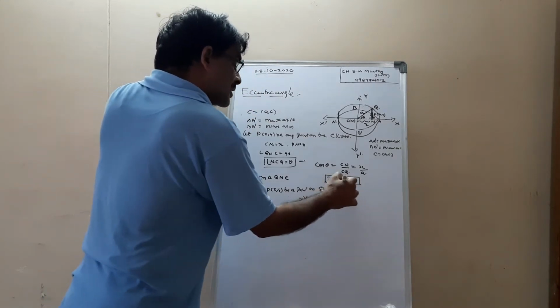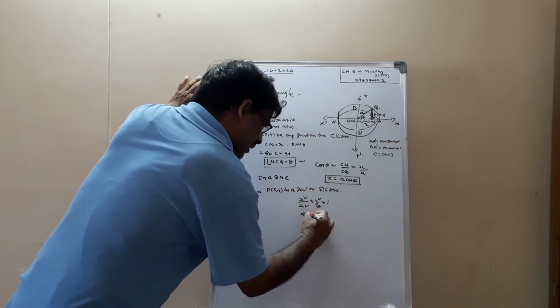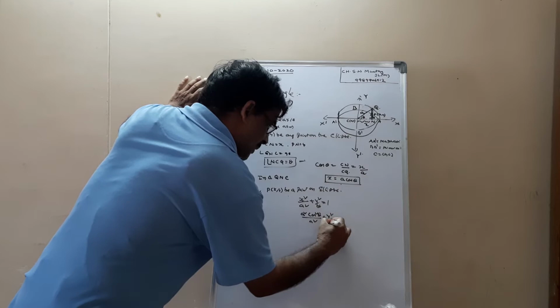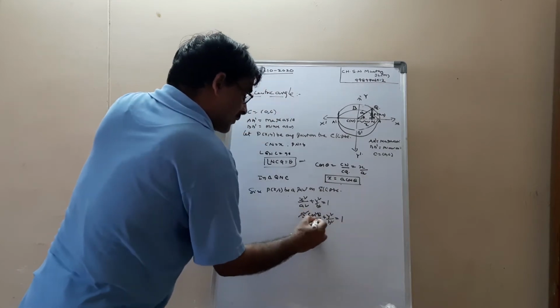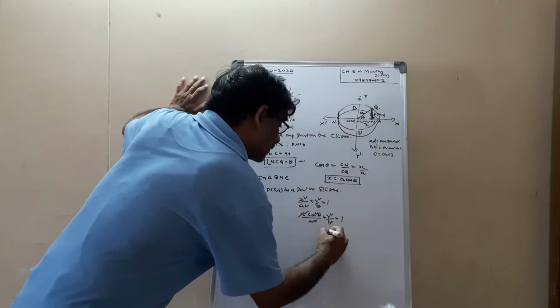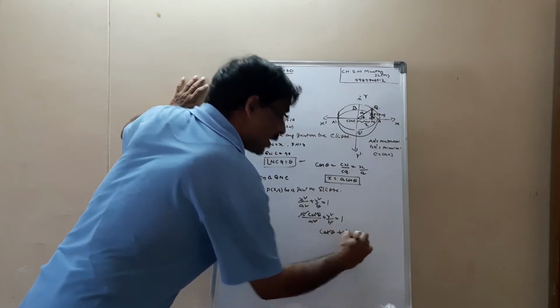You substitute this x value in this place. Then a square cos square theta by a square plus y square by b square equal to 1. A square is cancelled here. Now, cos square theta plus y square by b square equal to 1.